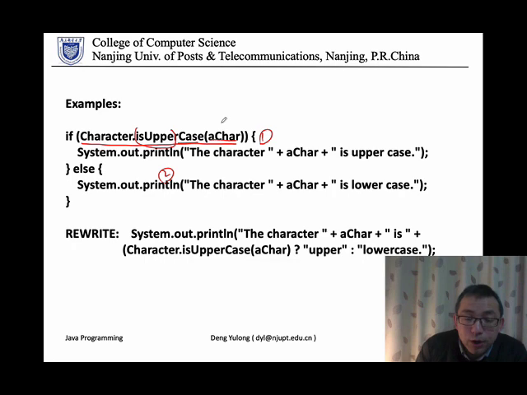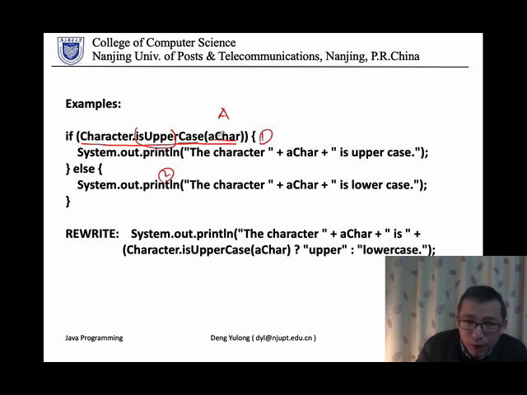If this character is uppercase, for example 'A' is uppercase, this expression evaluates to true. So we enter the first block and execute the statement System.out.println, printing out that the character A is uppercase.